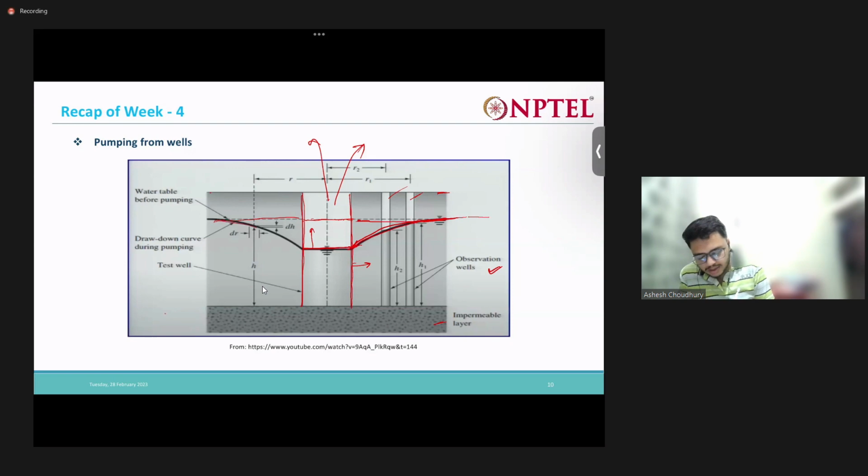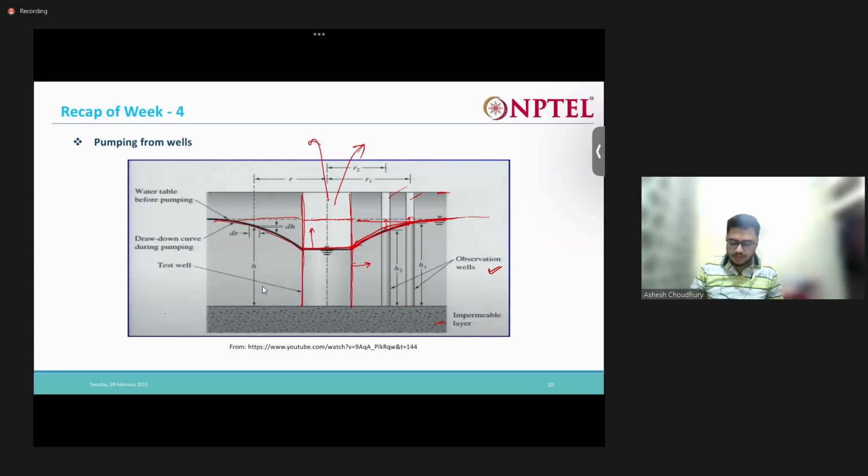This is known as the drawdown curve. Obviously the observation well which is nearer to my test well will have a water depth which is less.